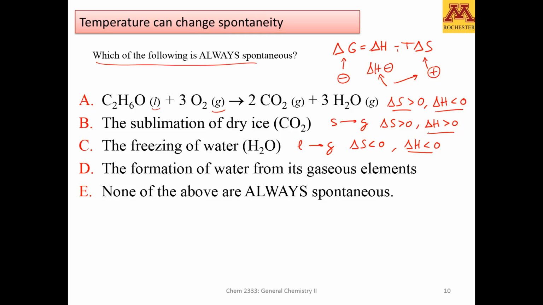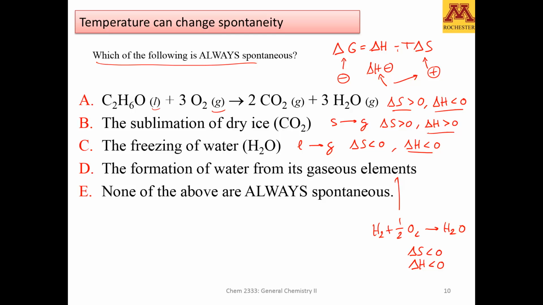The formation of water from its gaseous elements. Notice that in this case, we already wrote this equation before, you go from 1.5 molecules to 1, the entropy decreases. This is an explosive reaction. Hydrogen is actually used for fuel. That means that this is also exothermic. This means this will be spontaneous at relatively low temperatures.